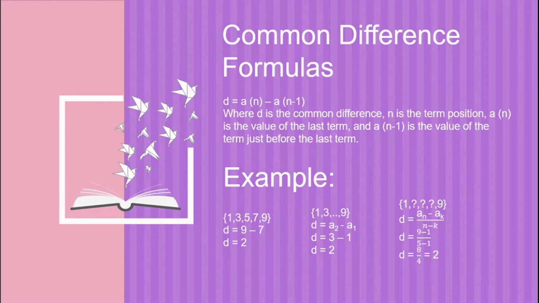Now, we will substitute 9 to a sub n, 1 to a sub k, 5 to n, and 1 to k. We subtract and divide, then we will get the common difference of 2.